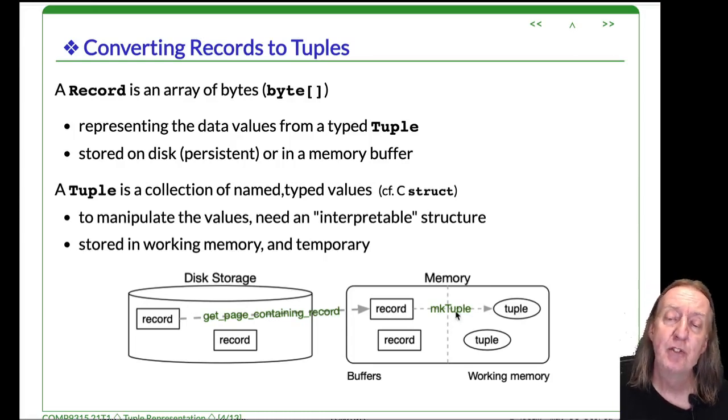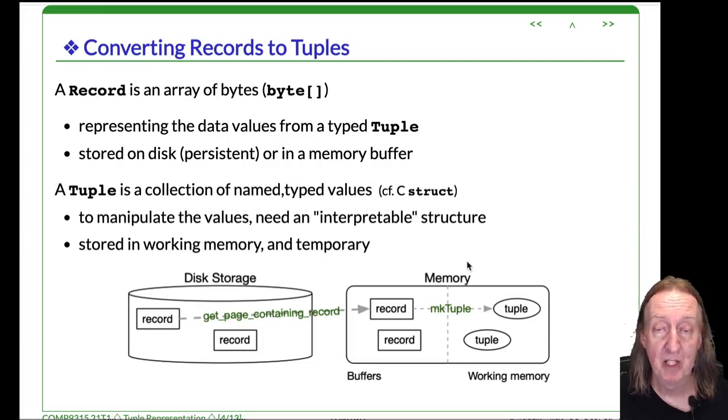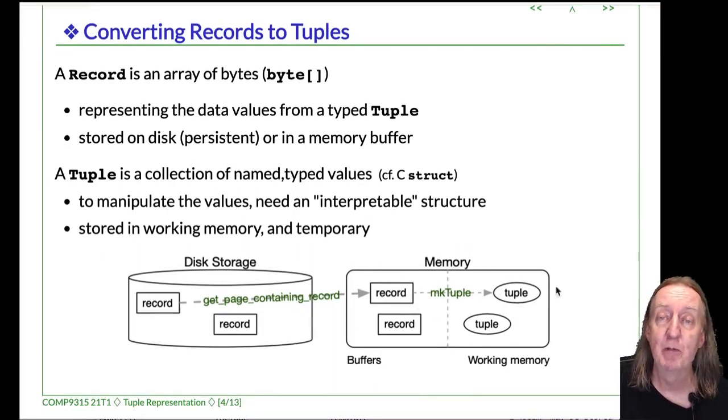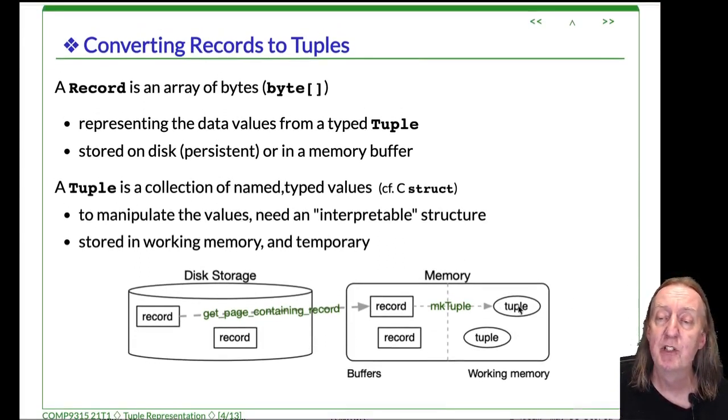So we need to somehow work out what these values are based on the schema, which we know because we know what relation we're dealing with. And ultimately we've got a record, simply a byte sequence, and we've got a tuple, which is, if you like, a typed collection of attribute values.